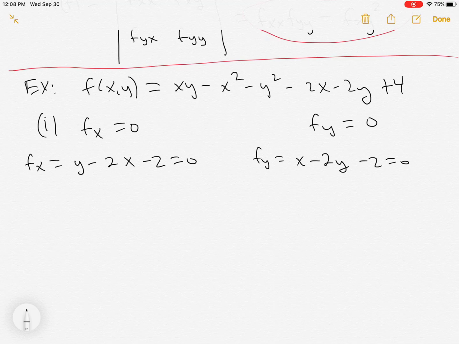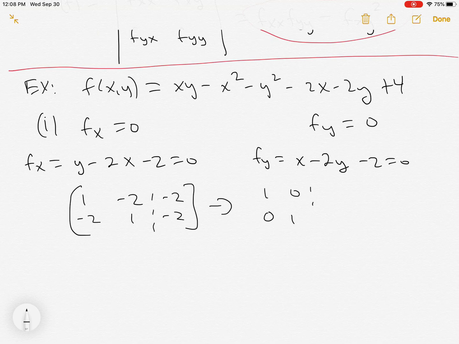I put it into a matrix: 1, minus 2, minus 2, and minus 2, 1, minus 2. I solved this, and I got 1, 0, 0, 1, minus 2, minus 2. And it says that our only critical point is the point negative 2, negative 2. So we've now created a list of one critical point.